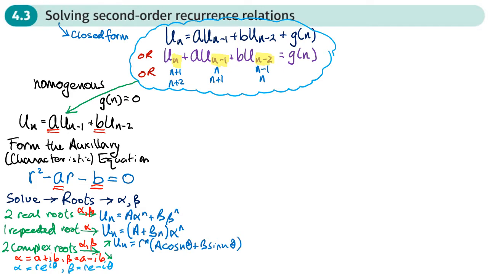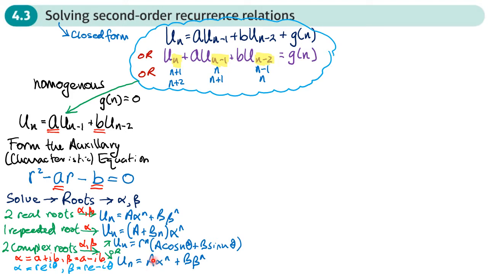be the argument. Or we can write our roots, so let's just put the word "or" here, in this form: u_n equals a alpha to the power n plus b beta to the power n.